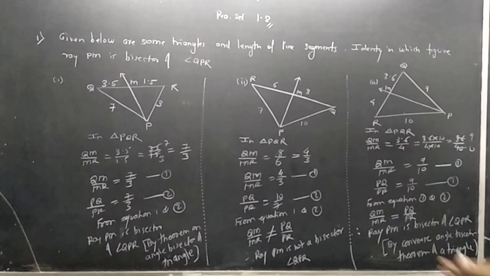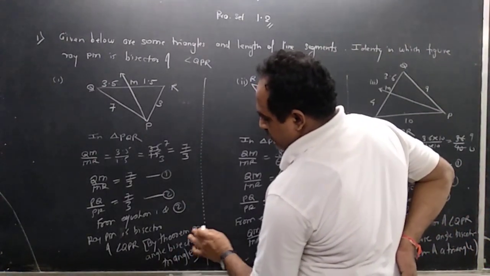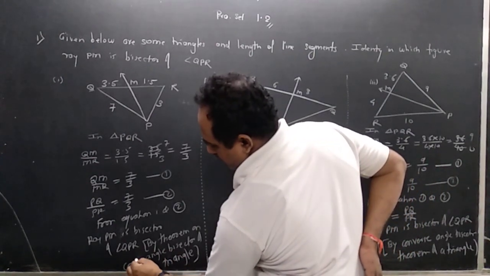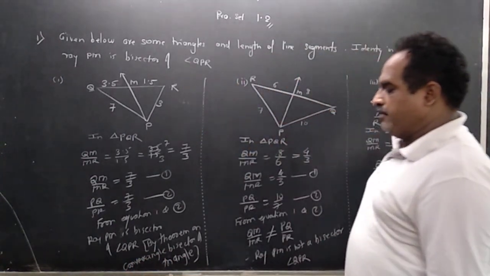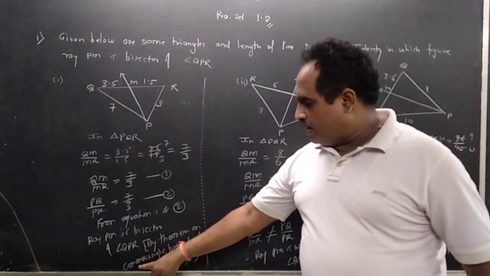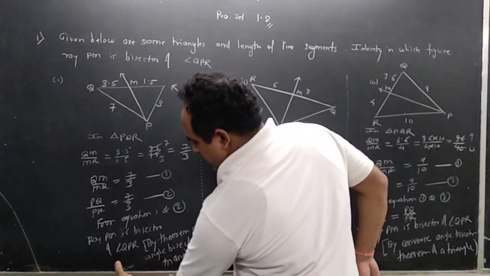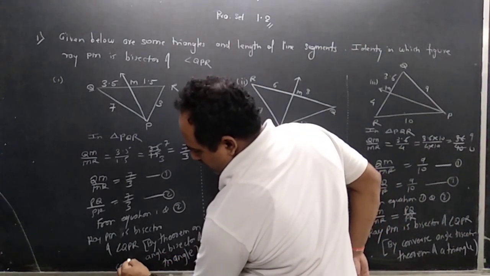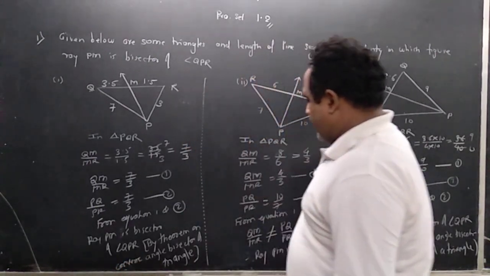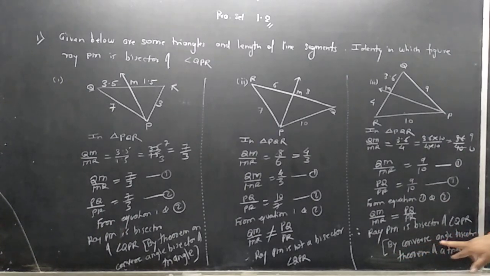I think I have made a mistake over here also. There also we have to write the same reason, by the theorem on converse of angle bisector theorem of a triangle. You have to write converse. If it is not a bisector, no need to give a reason. If it is, it means you have to write the reason by the converse of angle bisector theorem of a triangle. Copy this.